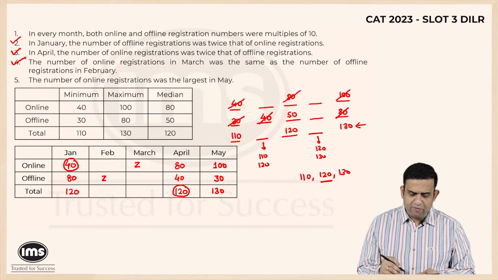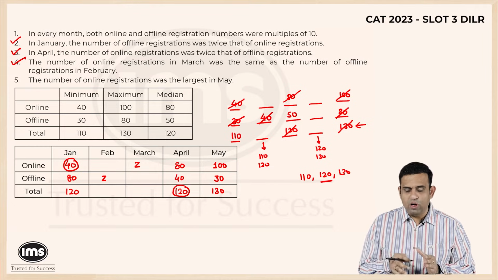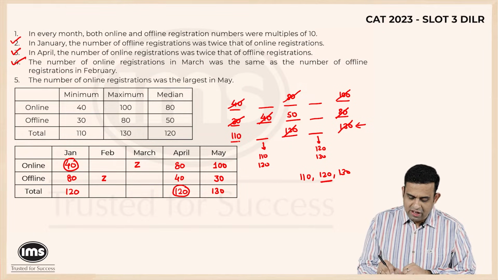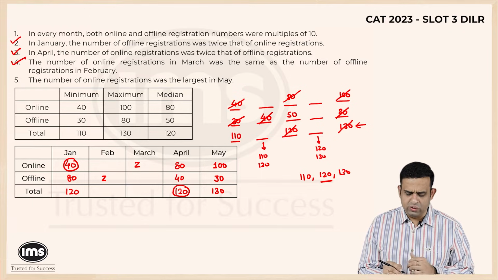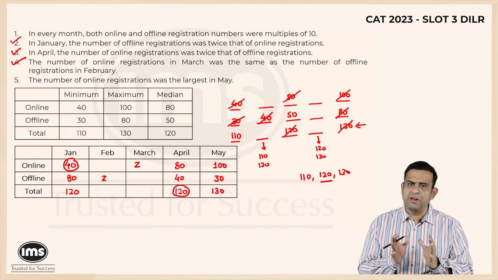And if I look at the overall, we have got a 130 right now. We have got a 120, and please note we also have got another 120. And we also need to have a 110. Now what is the possibility in case of offline? One of the months among Feb or March has to be definitely 50, and we have to take the situation.